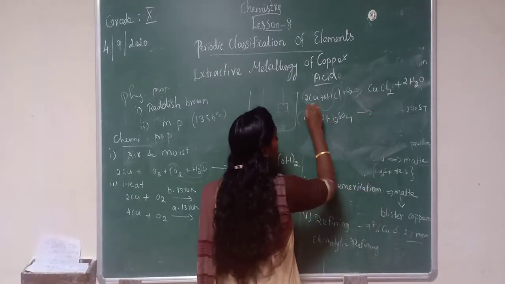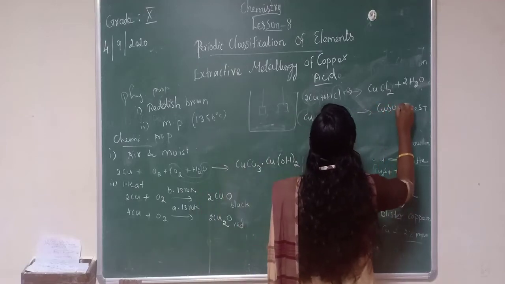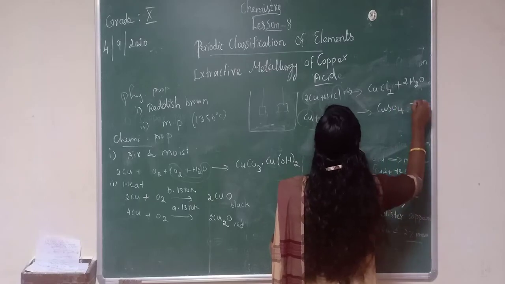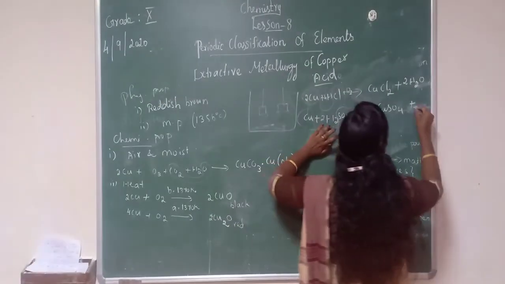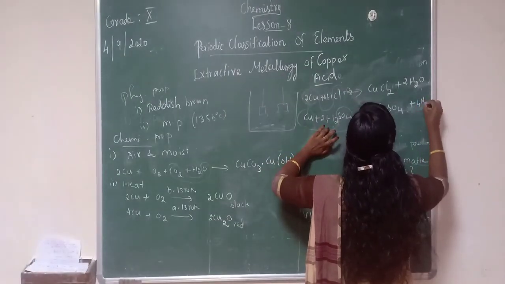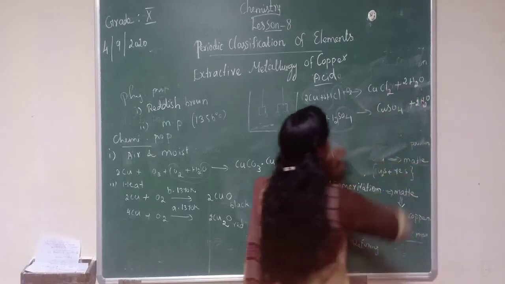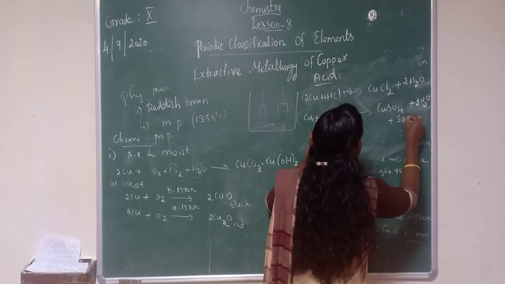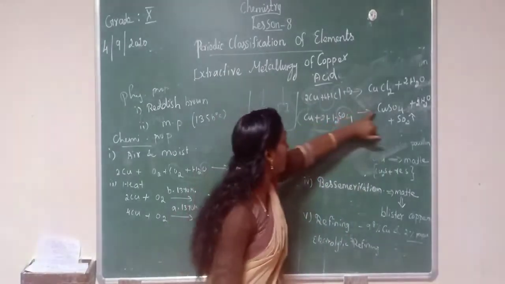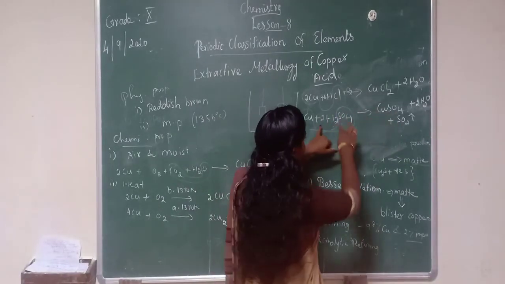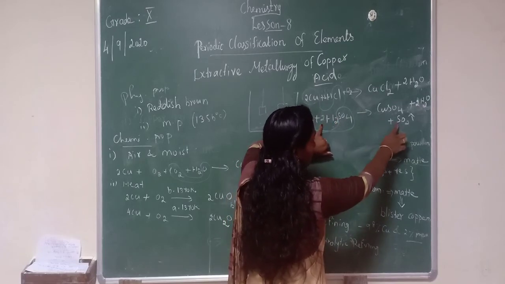It can form copper sulfate, CuSO4, plus 4 hydrogen plus oxygen, and sulfur oxide gas also can be liberated. Listen, in SO4 here 2 sulfur and 8 oxygens are there, so I put 1 sulfur here.